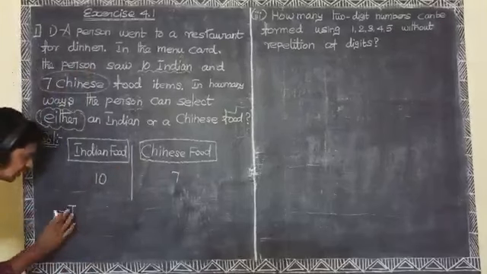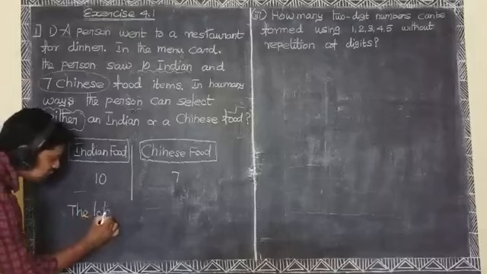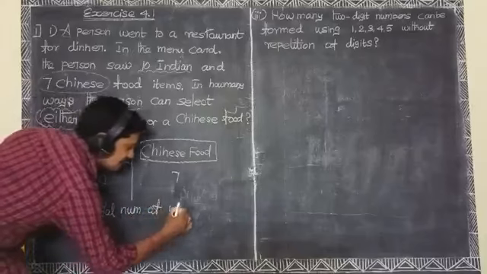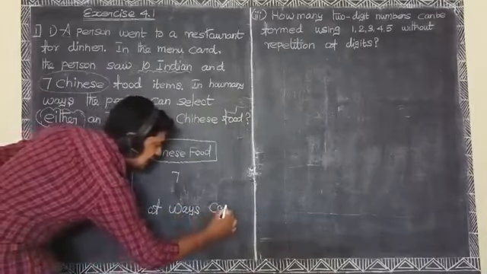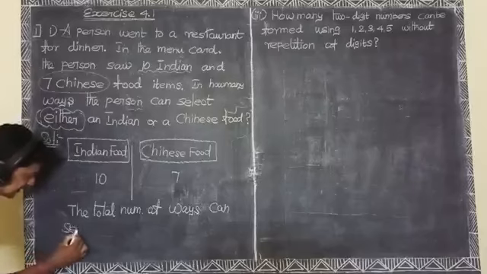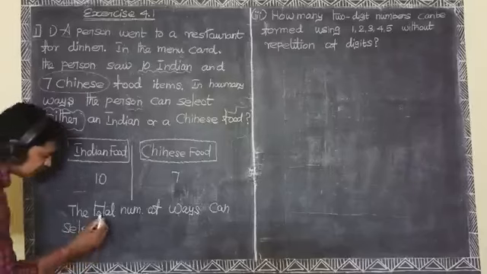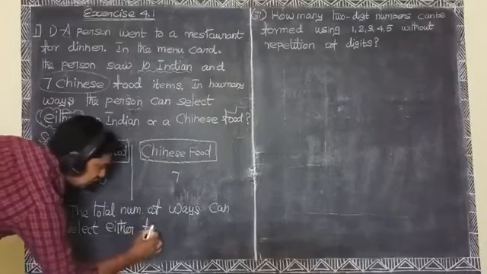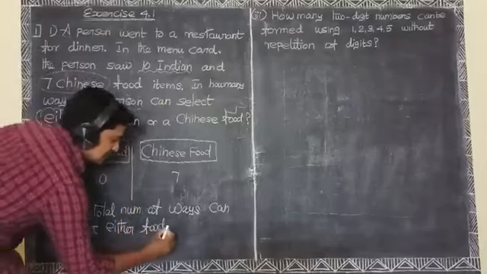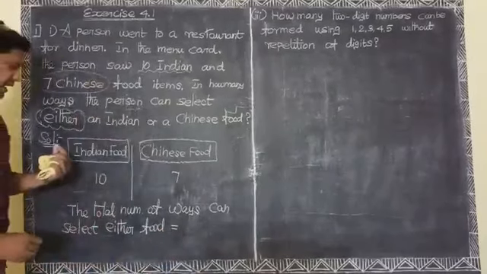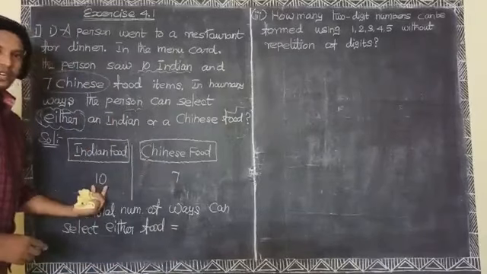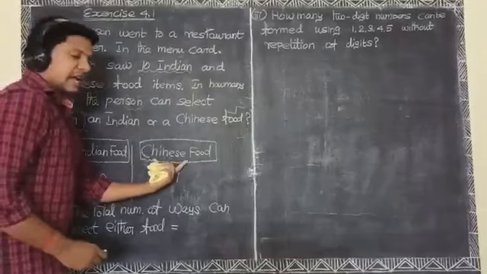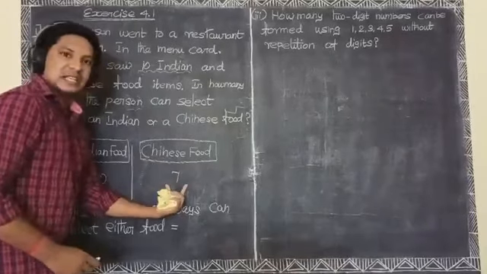Then the total number of ways a person can select either Indian or Chinese food is equal to: a person can select Indian food in 10 ways, and Chinese food in 7 ways.